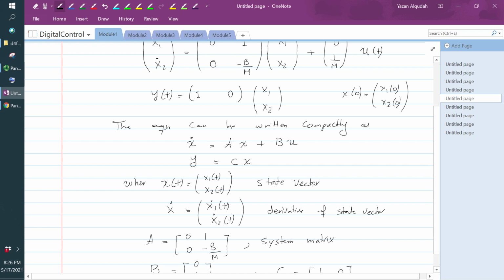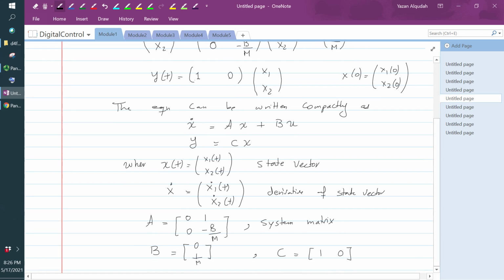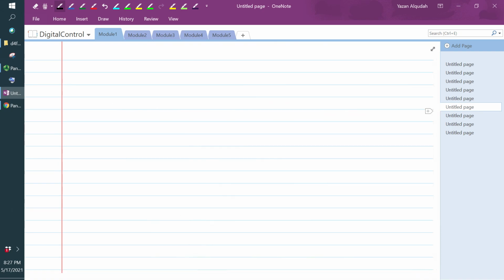Okay, so in order to solve for the output y of t, we need to know both, u of t, sorry, the input, and we also need to know the initial state vectors. So let me just write this down. To solve for y of t, we need to know the input that we're applying.